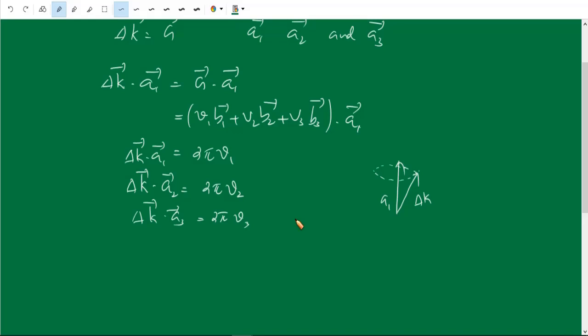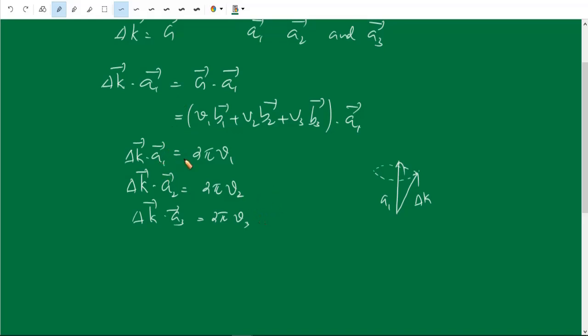At some particular angle, all these equations get satisfied. So it is a very severe condition. Delta K should be on a particular line, which is the common line of intersection of all three cones. This is the importance of the Laue equation.